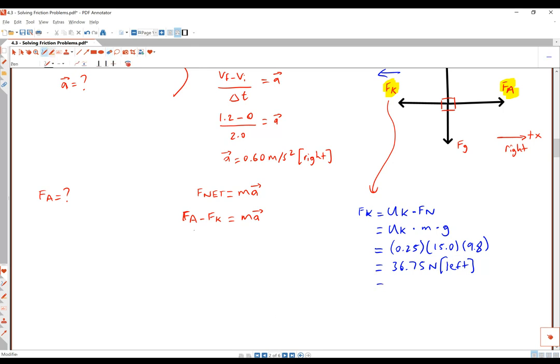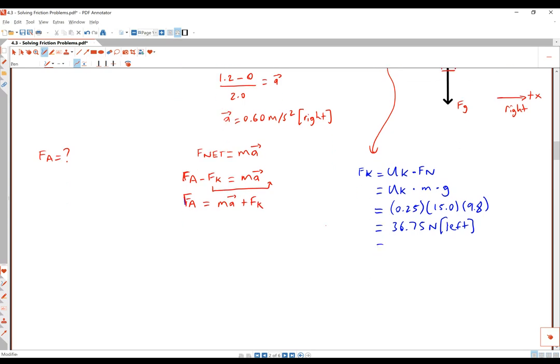Now, for the next part, our F applied is what we're solving for. For our applied force, we can take kinetic friction to the other side. So it's going to be mass times acceleration plus kinetic friction.